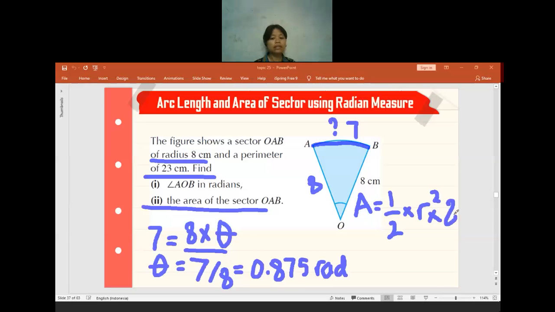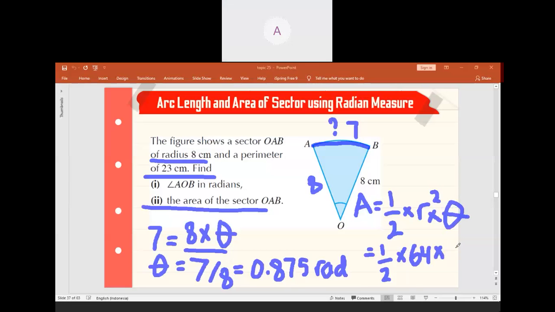This is the formula for the sector area using radian. So it will be a half times the r square, which is 8 square, 64. Oh, this is theta, sorry. A half times 64 times 0.875. How many will it be? 28.